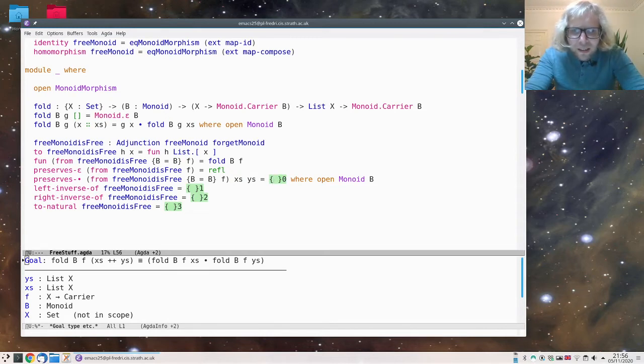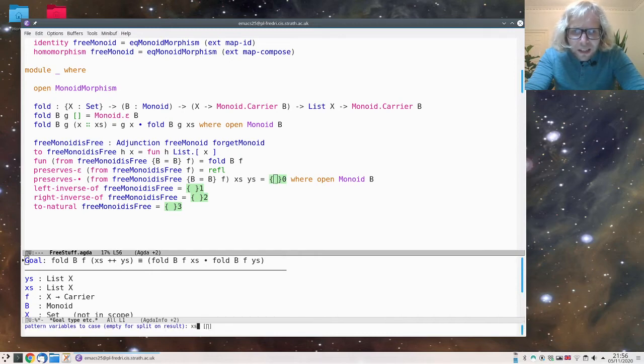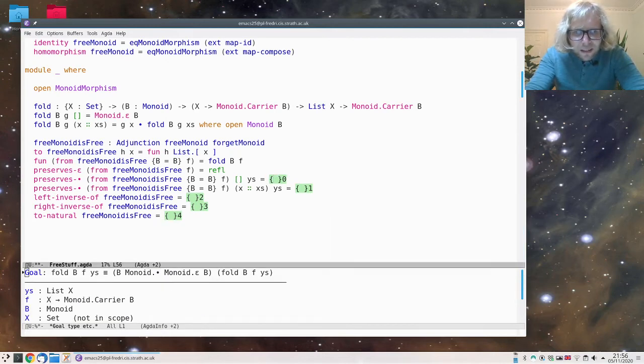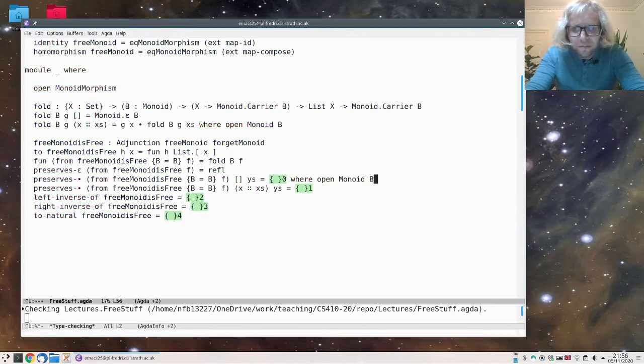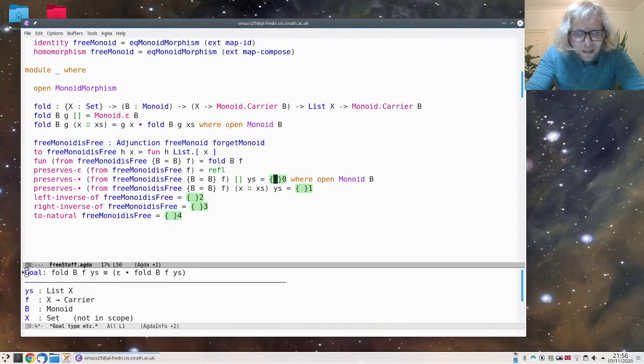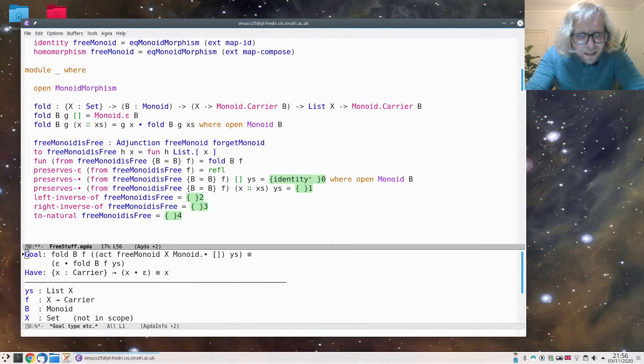So here I can pattern match on the x's to make some progress. Right. And here I've lost one on B. So this looks like identity, right? Is it right?